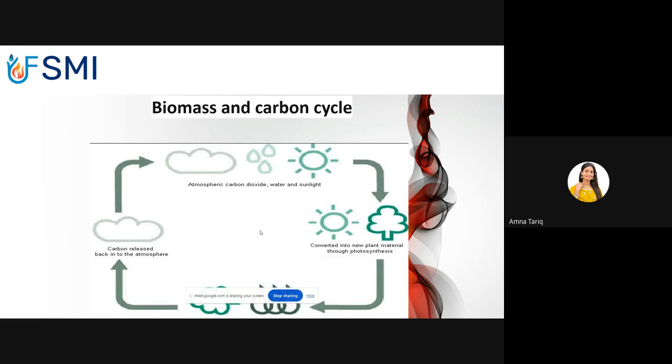So next is biomass and the carbon cycle. We will understand what biomass and the carbon cycle are. In this diagram, we see why biomass is considered a renewable energy source, because the first impression is that it's just another fuel type causing environmental emissions. During the combustion process, the fuel is burned and cannot be recovered. So why is biomass in the same group as wind, solar, or hydropower?